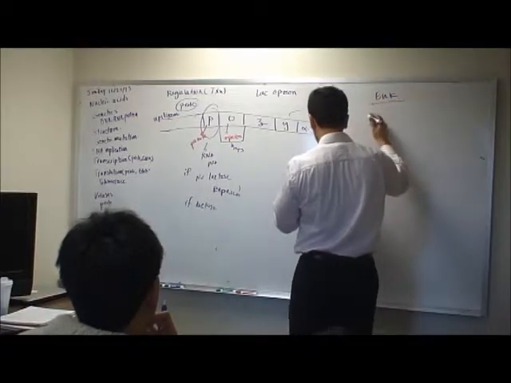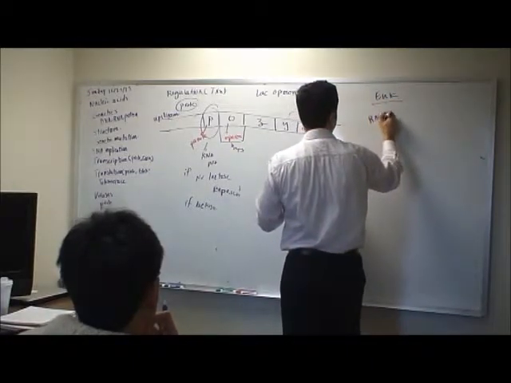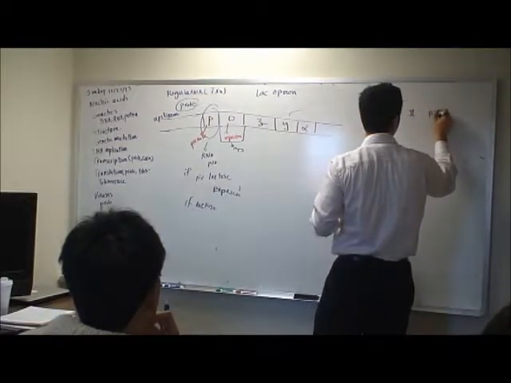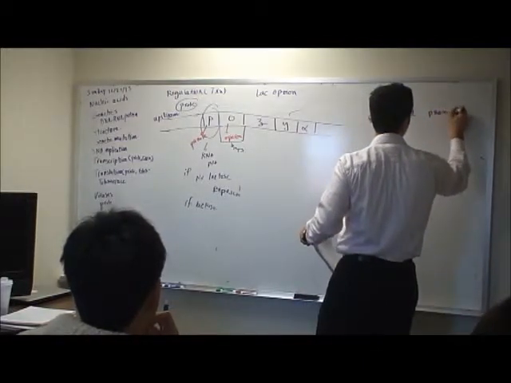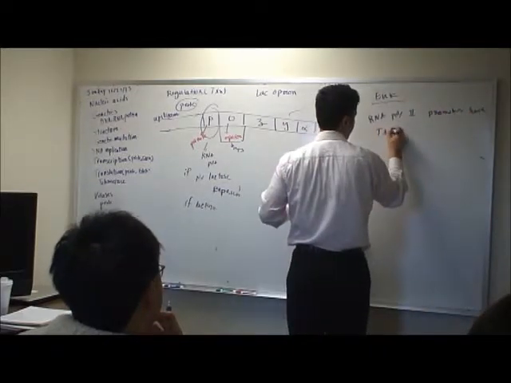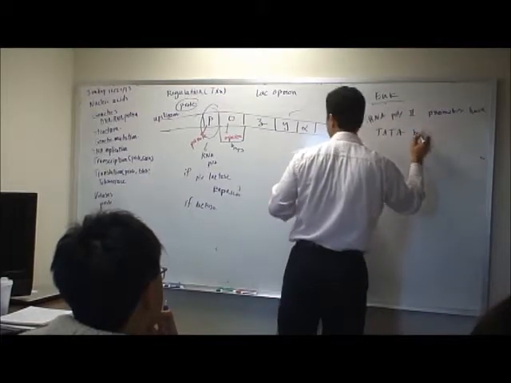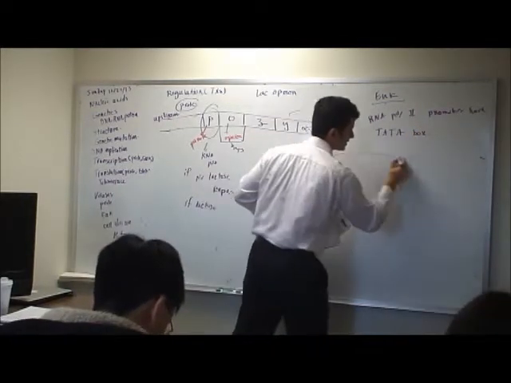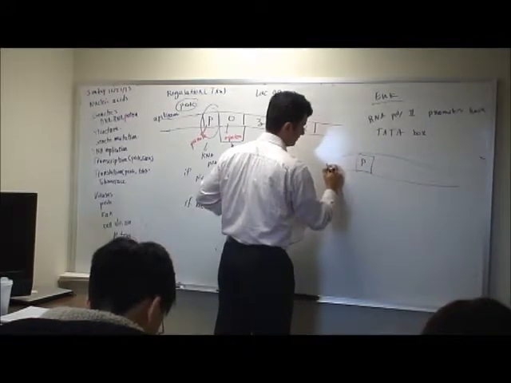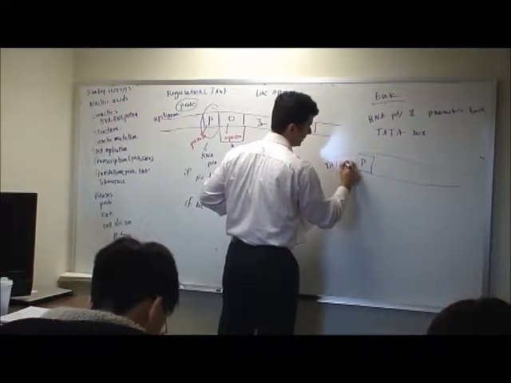Eukaryotes, they call it RNA polymerase 2. The promoters have a sequence called the TATA box. You might have heard this. So if this is the gene, if this is a promoter, they have something upstream called TATT.